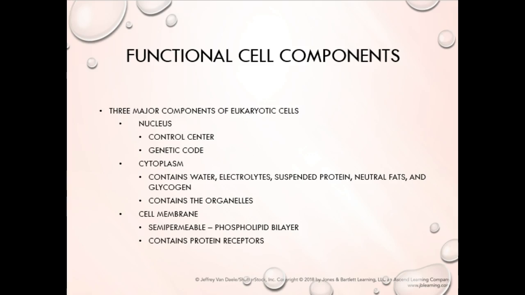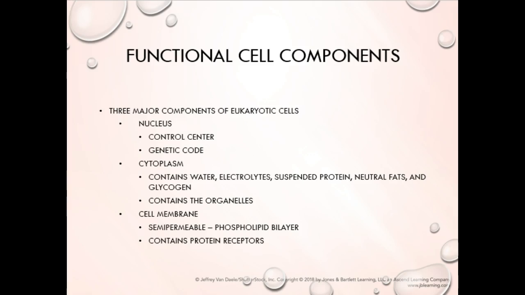Now, the other thing that's important with DNA, make note, is it contains the codes for all the proteins of the body. Okay, so not only does it hold the genes, it holds the codes for all the proteins of the body.